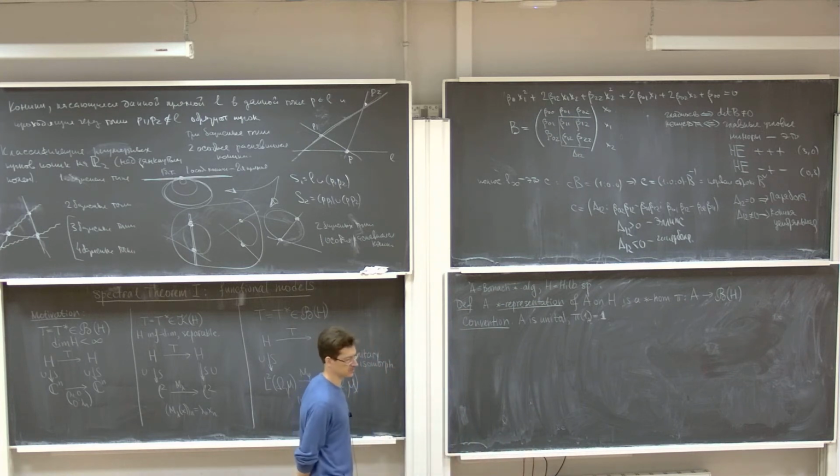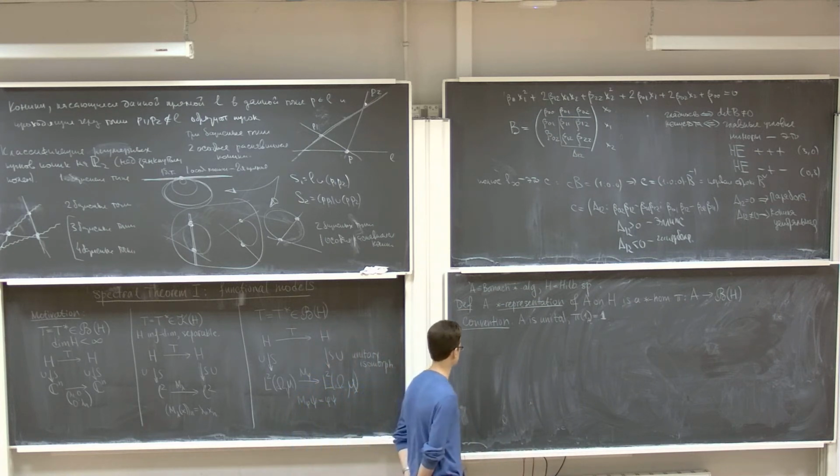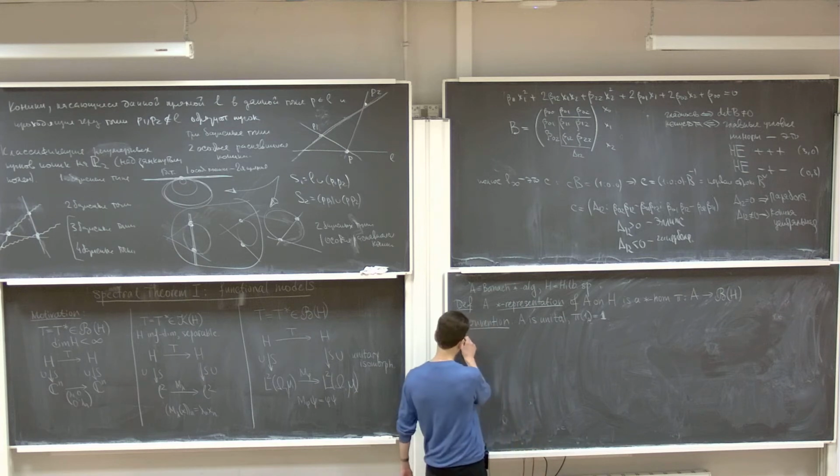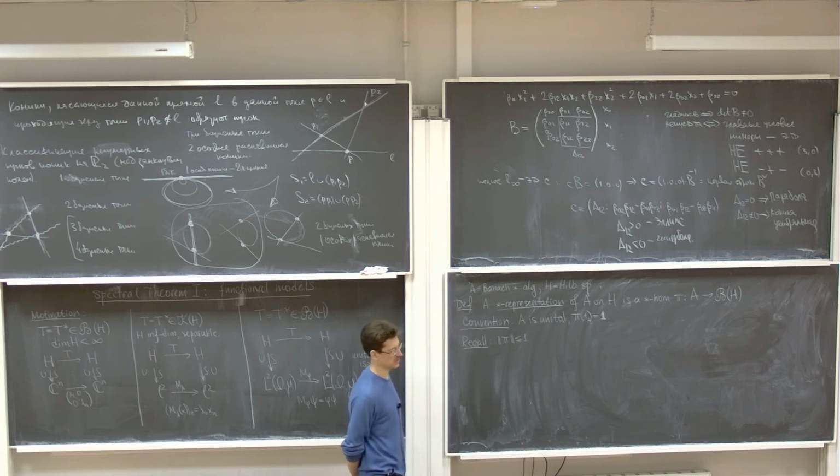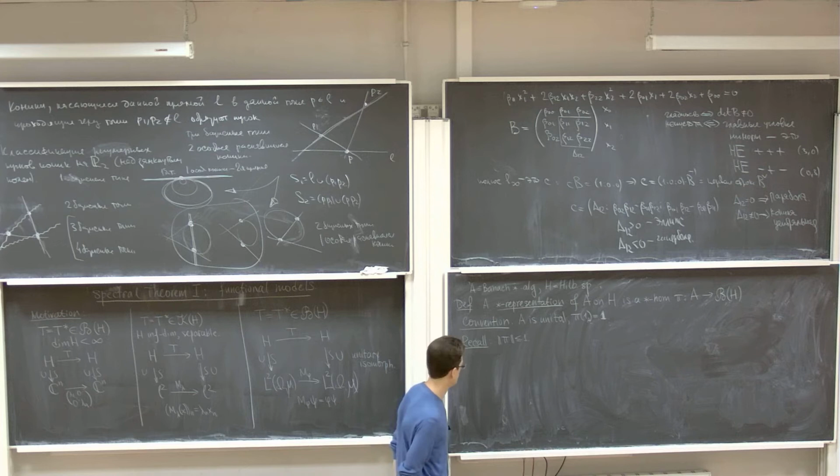So pi is a unital star homomorphism. And let's recall that in this case, we know that pi is automatically bounded, and the norm of pi is less than or equal to 1. So some time ago, we proved that each unital star homomorphism from a Banach star algebra to a C-star algebra satisfies this condition.